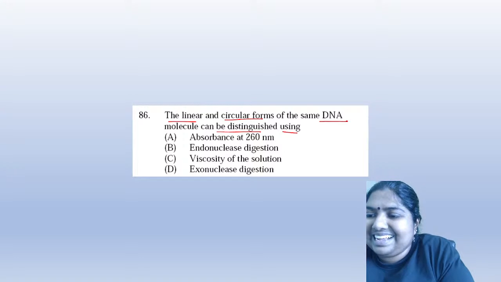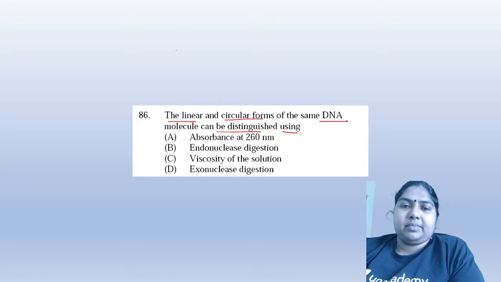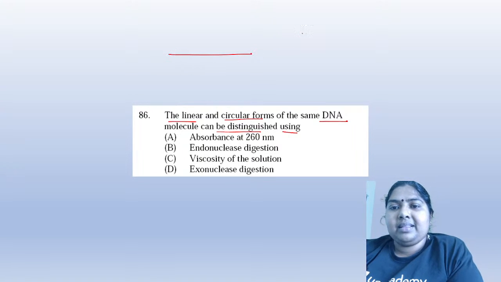Come on, everybody in the class, give a try for this question. Yes, sir, everybody think of an answer. Very good. Yes, Prachi. Got it all? I have a linear form, I have a circular form.